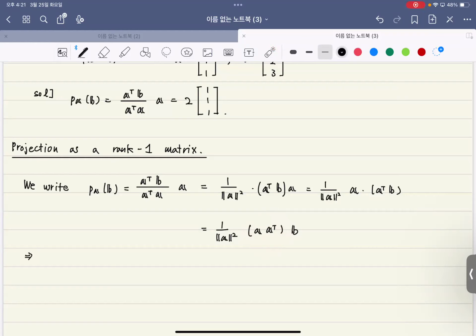So I can say the matrix representation of this projection map can be written as 1 over A squared times A A transpose. Now, can you guess the rank of this matrix? Clearly, the rank of this matrix is 1. Do you remember? If any matrix can be written with such a decomposition, then it must have rank 1.